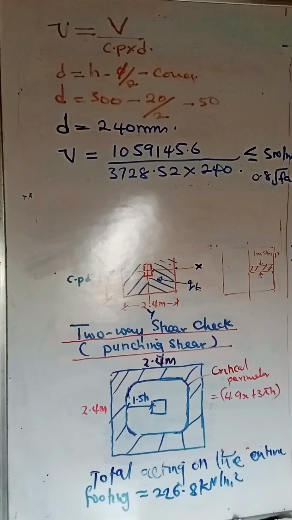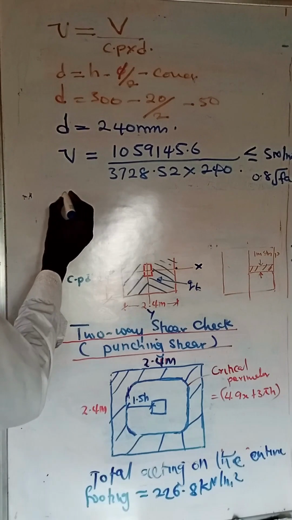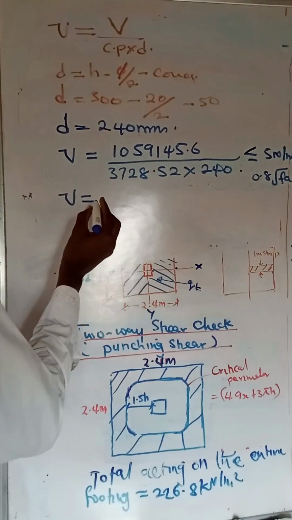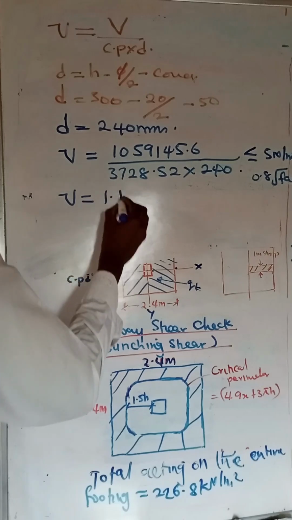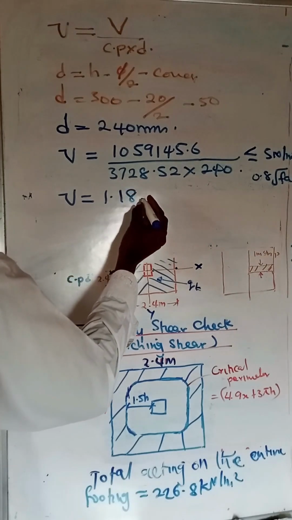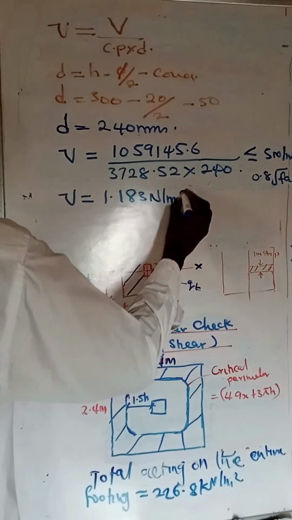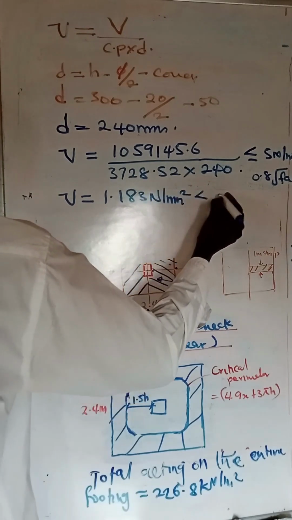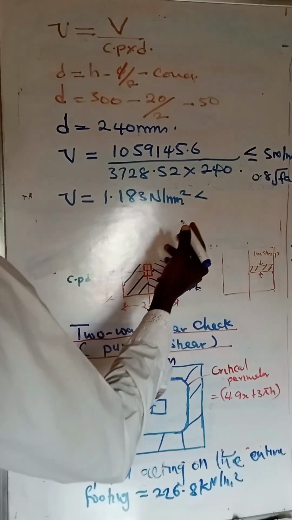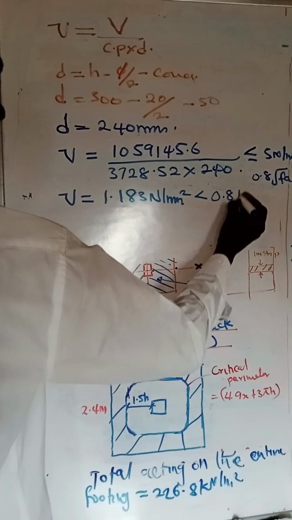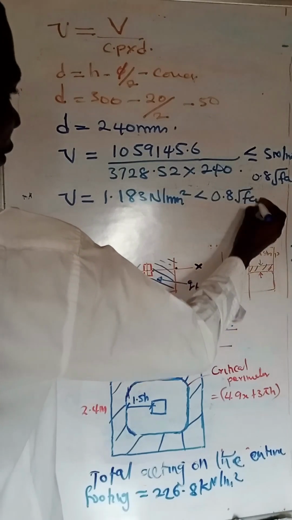All right, so once we solve for this, our punching shear becomes 1.183 Newton per millimeter square, and this is less than the lesser of the two limits. The lesser of these is 0.8 times the square root of our FCU.